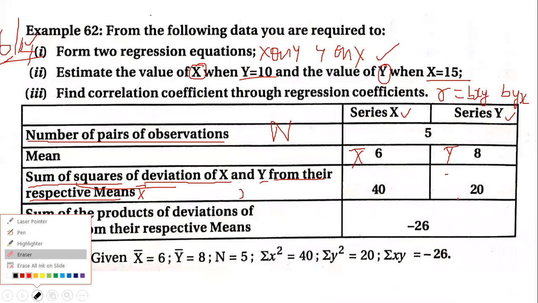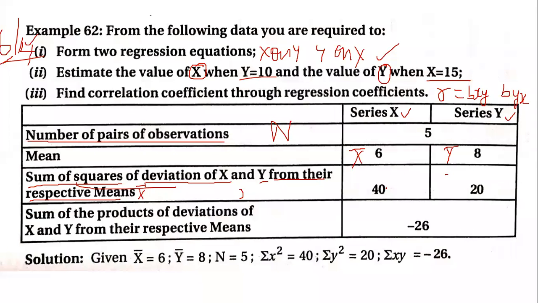I'm not able to understand. So always understand that deviation of x means small x. Square of the deviations means x square. Sum means total. So again, deviations from my y means small y. Square of the deviation means y square. Total of them means sigma. So sigma x square and sigma y square is given to us.